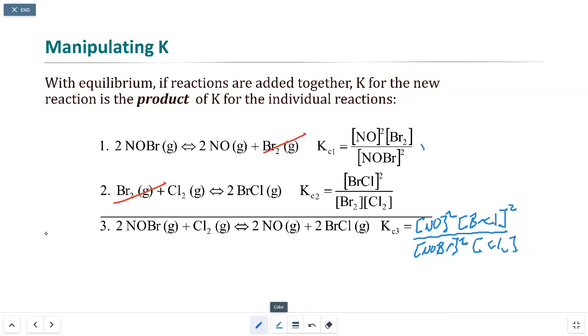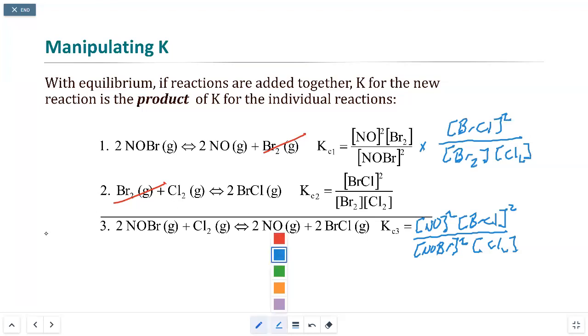So if I take these two and multiply them by each other, so I've got bromochloride squared here, I've got bromine and chlorine there. I can see that if I multiply these together, the bromines would cancel out.